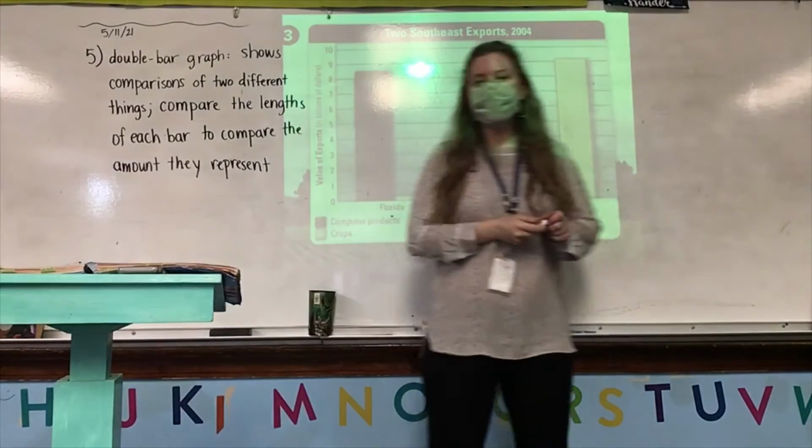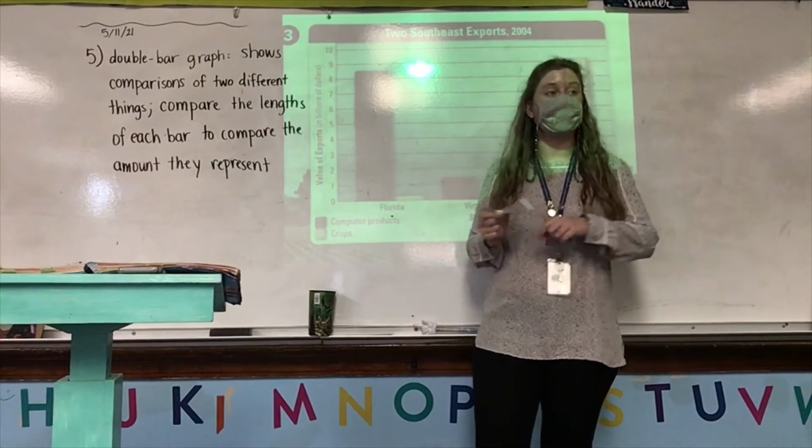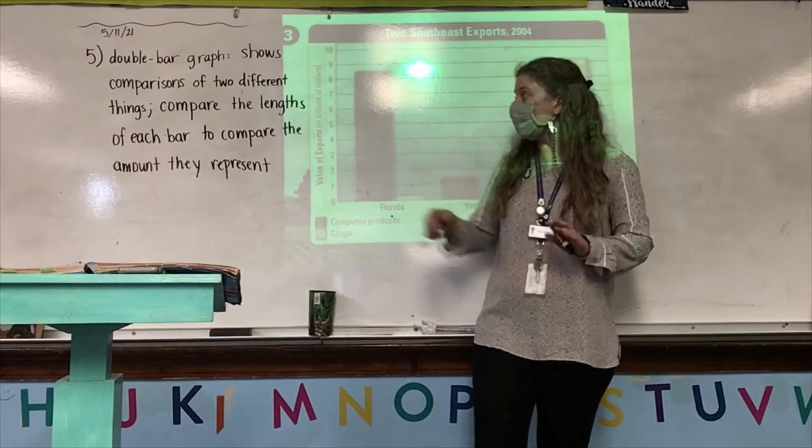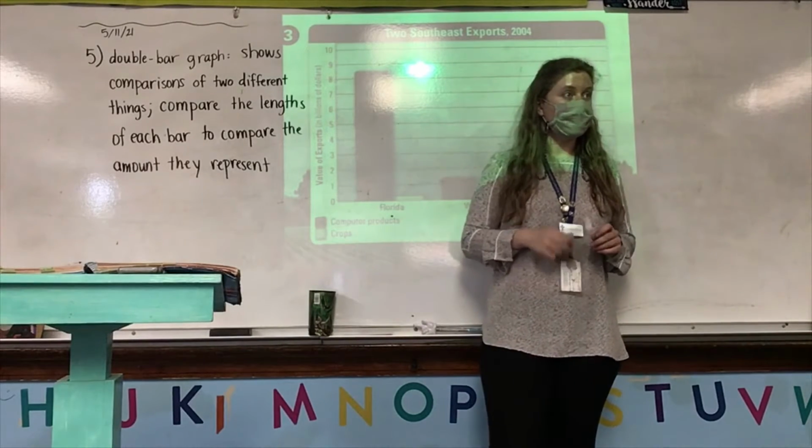So, what a double bar graph does is that it shows comparisons of two different things, and to use it, you compare the length of each bar to compare the amount they represent.